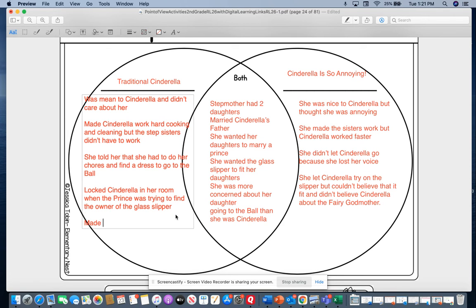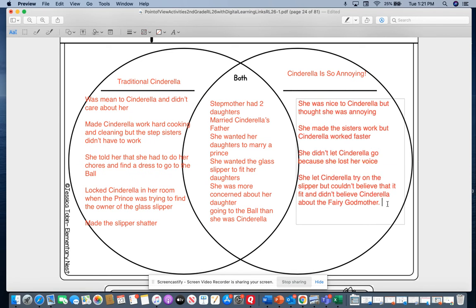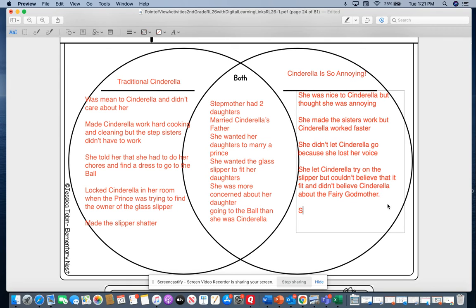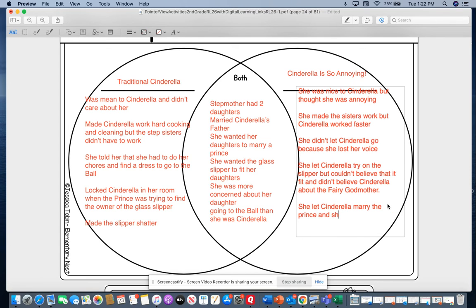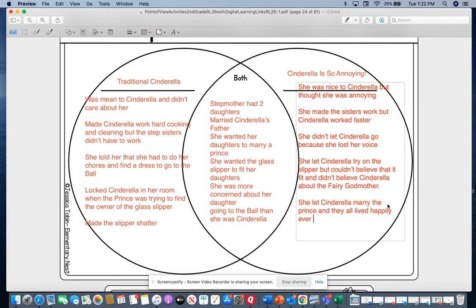And she made the slipper shatter. But in the end, in this one, she let Cinderella marry the prince, and they all lived happily ever after.